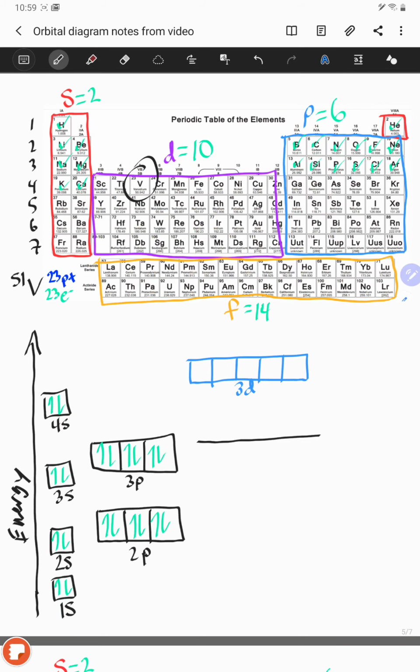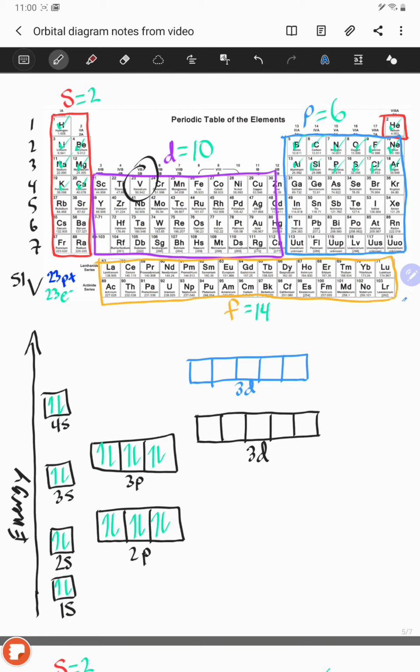But what happens is when we fill in this 4s orbital, it acts as like a trapdoor mechanism to where we just unlocked this trapdoor and the 3d orbital falls down. And when it falls down, it is now at a lower energy level than the 4s, to where it is now in the 3rd energy level, so that we don't confuse things with our Bohr model when we're drawing things.